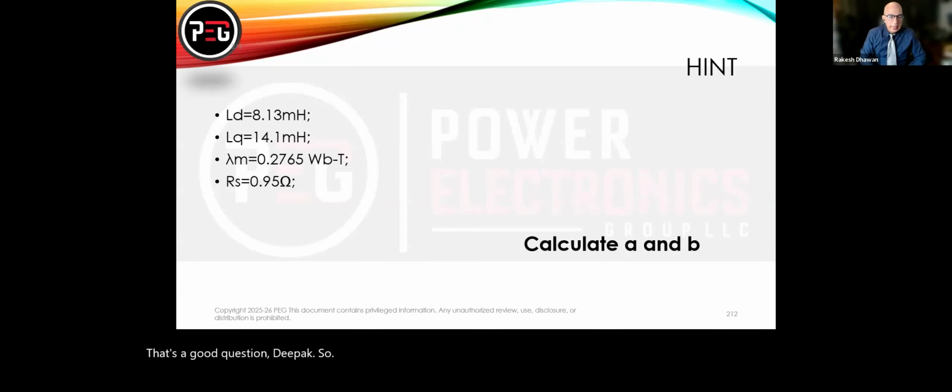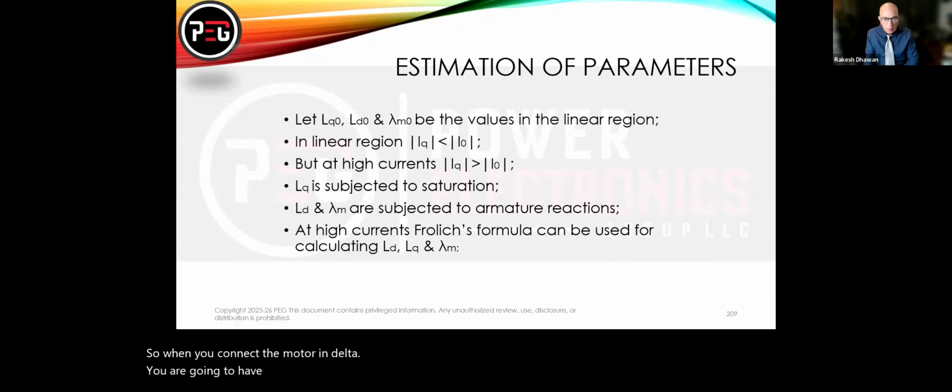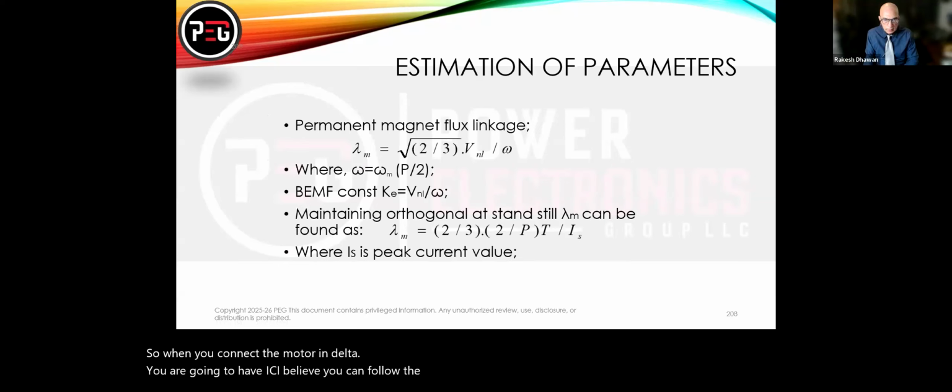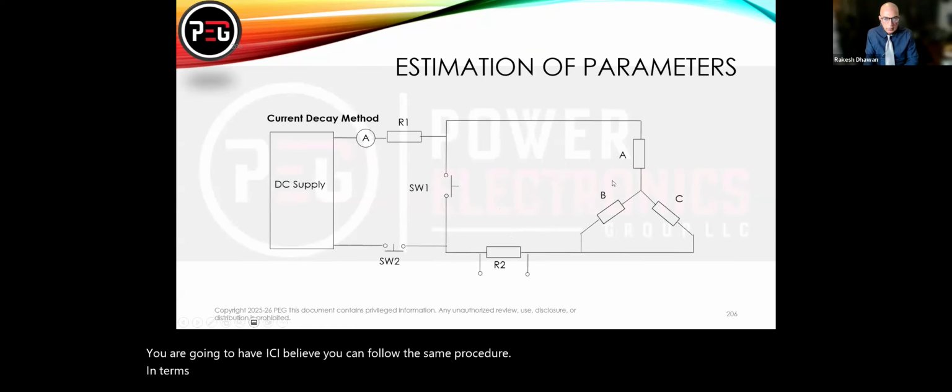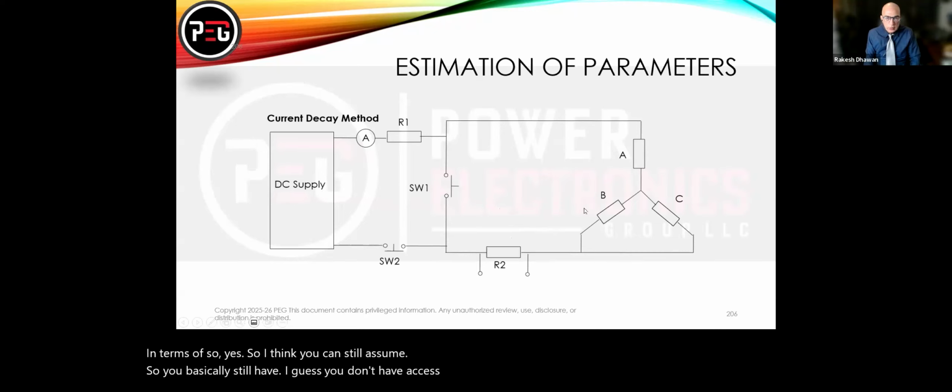So when you connect the motor in delta, I believe you can follow the same procedure. So yes, I think you can still assume... well, I guess we don't have access to... so this will not work with respect to delta configuration in this case.